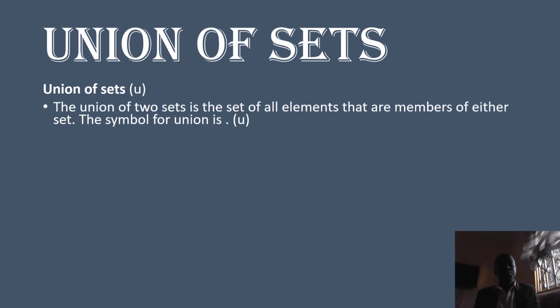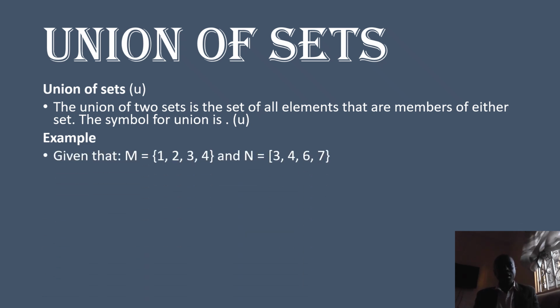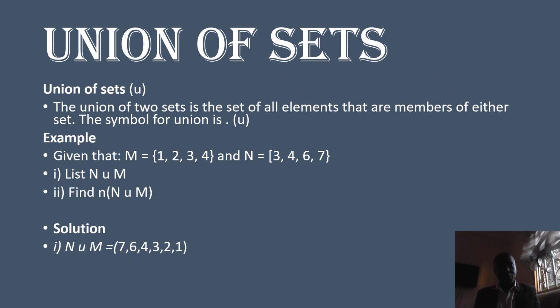Still, we also have what we call union of sets. It is denoted by this U. The union of two sets is the set of all elements that are members of either set. We have an example here that given M as 1, 2, 3, 4, and then N as 3, 4, 6, 7, and we are tasked to list the N union M. Automatically, we have 7, 6, 4, 3, 2, 1.